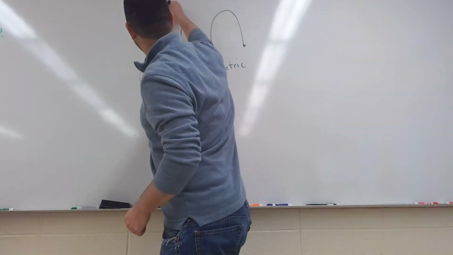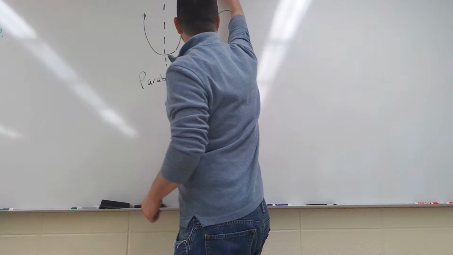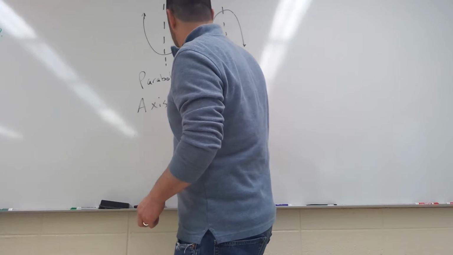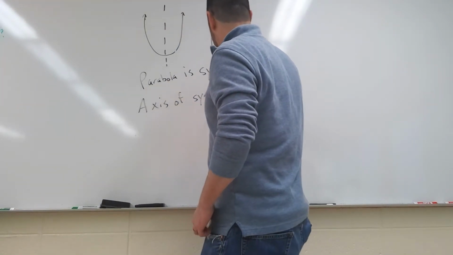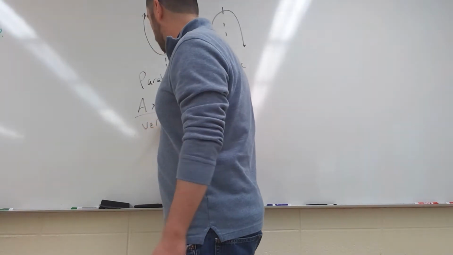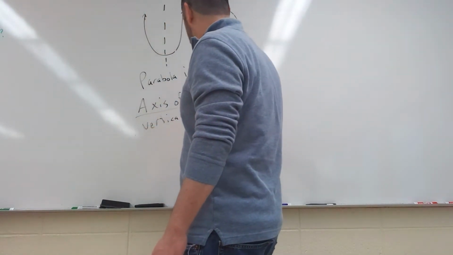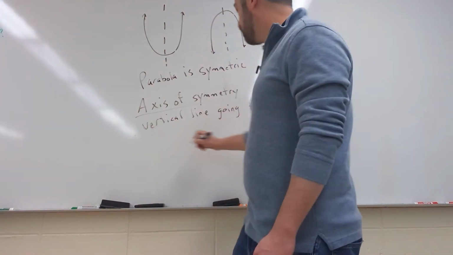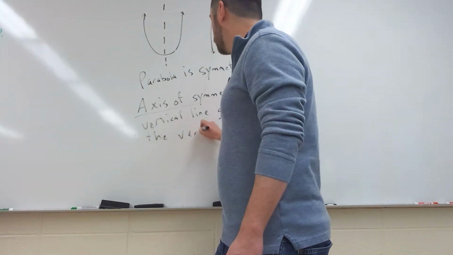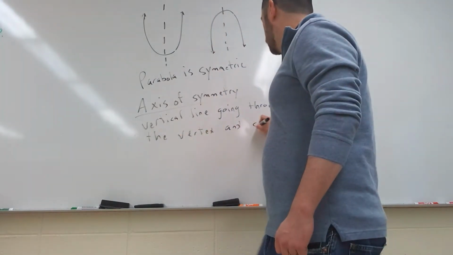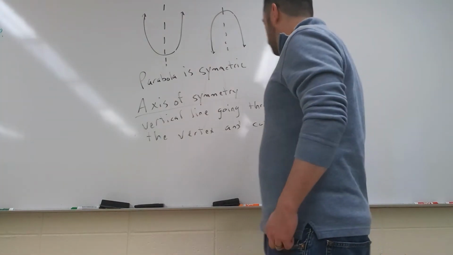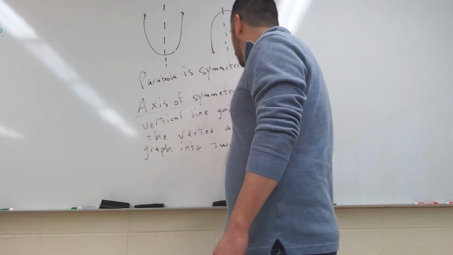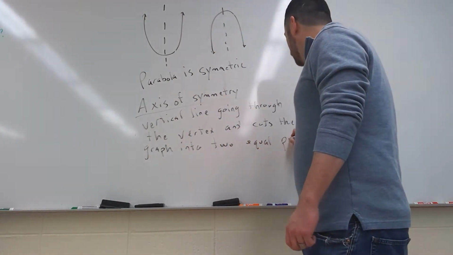And we're going to have something that's called the axis of symmetry, which is a vertical line that goes through the vertex and it cuts the graph into two equal parts.